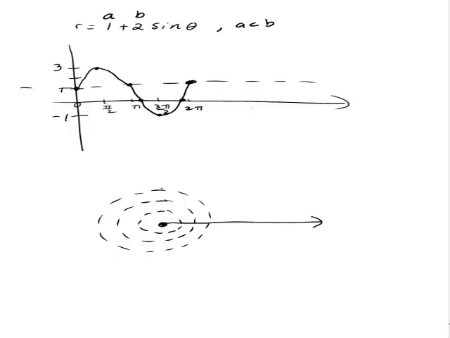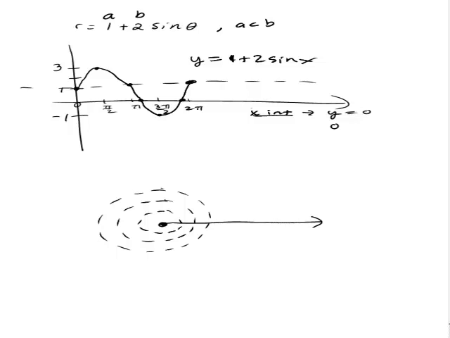Let's go ahead and do that, because we're going to need to know it anyway. It's just like finding an x-intercept. The equation here is y equals 1 plus 2 sine x, and the x-intercepts occur when y is equal to 0. So for the x-intercept, we let y equal 0.